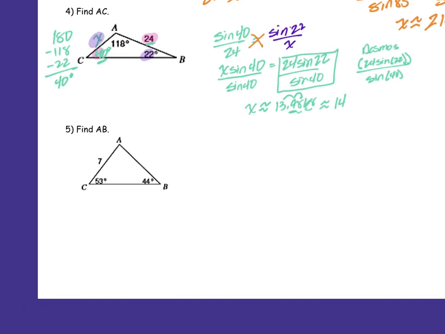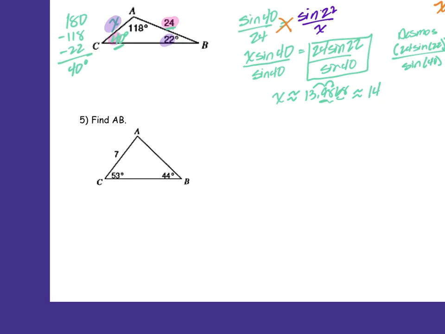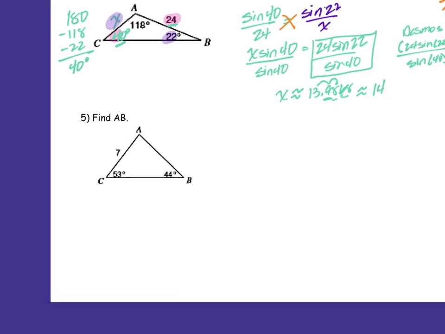Last problem on the page wants you to find AB. I'm going to let you guys do this. You have all the information you need. I'm just going to highlight it really quick for you. So I have this angle, and I need to find this side. And I have this angle, and I know this side.